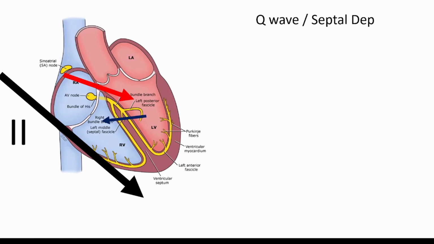Now this is something I came across, and it's to do with these insulatory sleeves you have around each bundle branch. So if this is my right and left bundle branch, the right would have an intact insulatory sleeve.